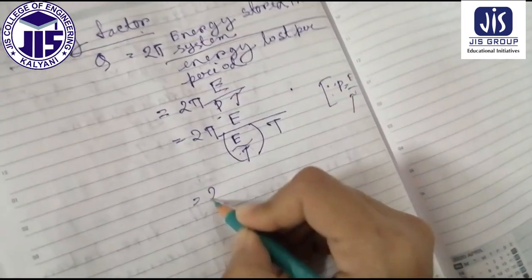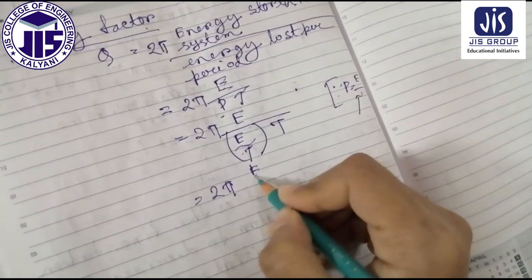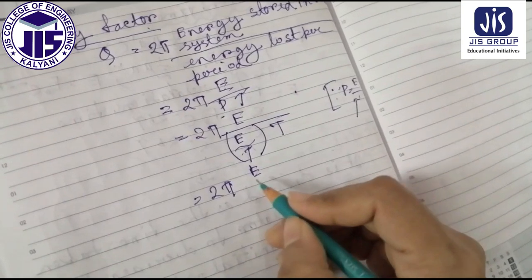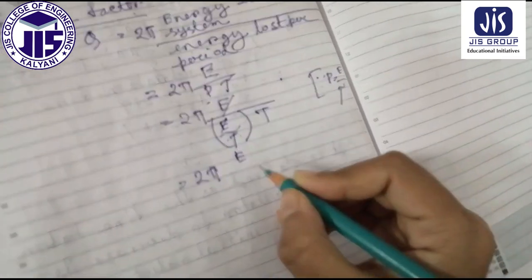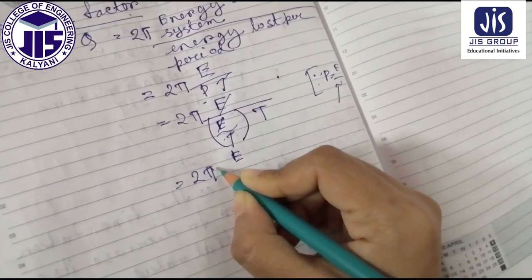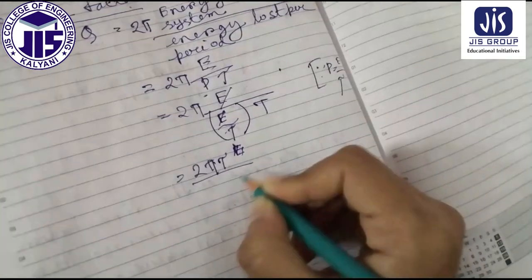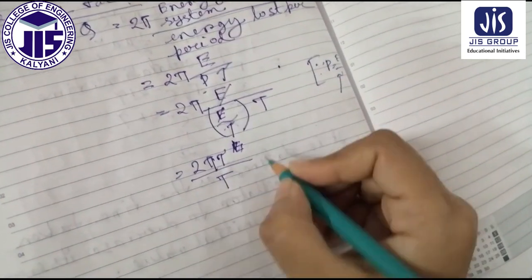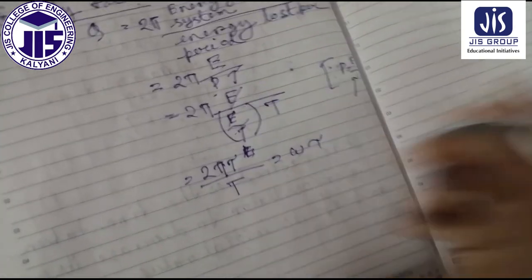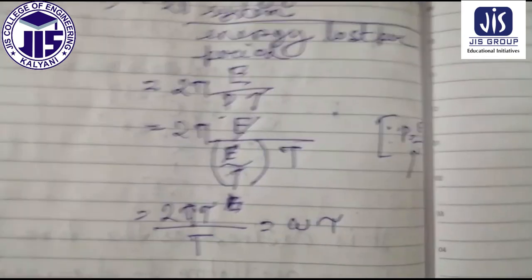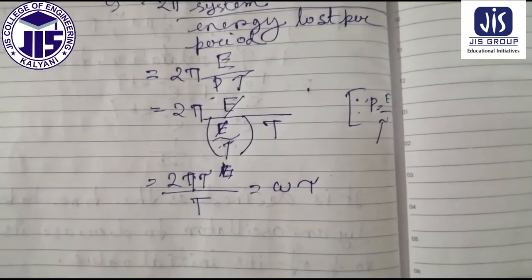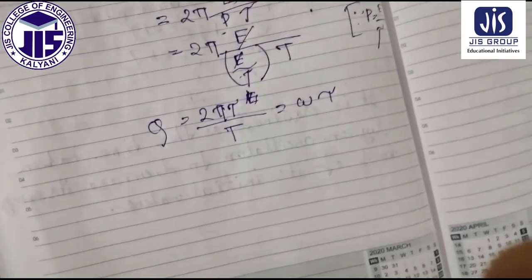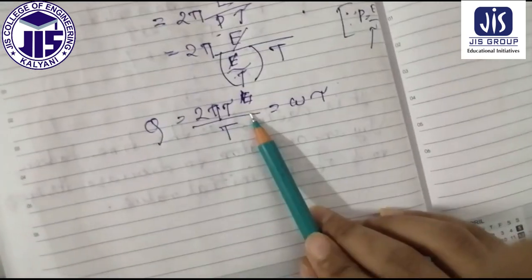Therefore 2 pi into E, and E will cancel, so finally we can write 2 pi tau divided by T, which is equal to omega into tau. So this is the expression of the quality factor, capital Q. Q equals omega into tau.